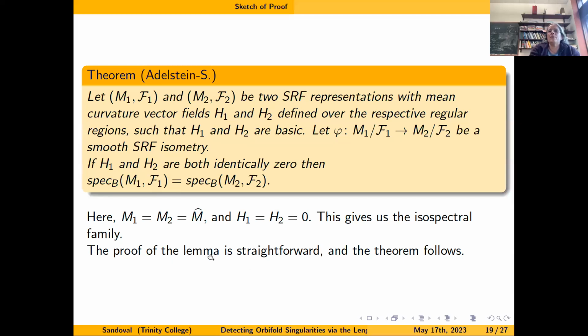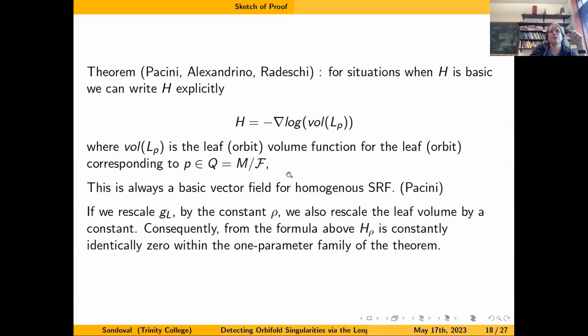The proof of the little lemma, well, let me get back to it. The proof of the lemma concerning the characterization of L spec 1 as the intersection over rho in this family is straightforward. And with that, and this result here, we do get the theorem about the isospectral family.